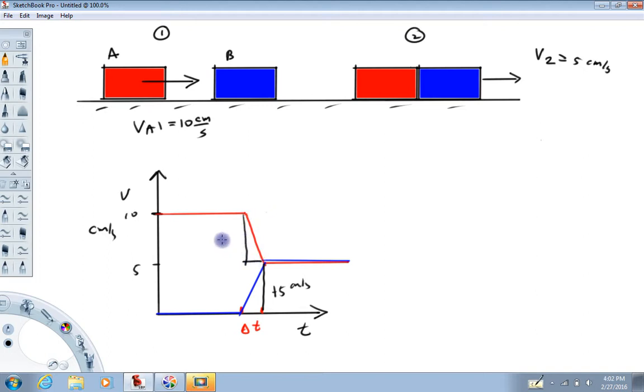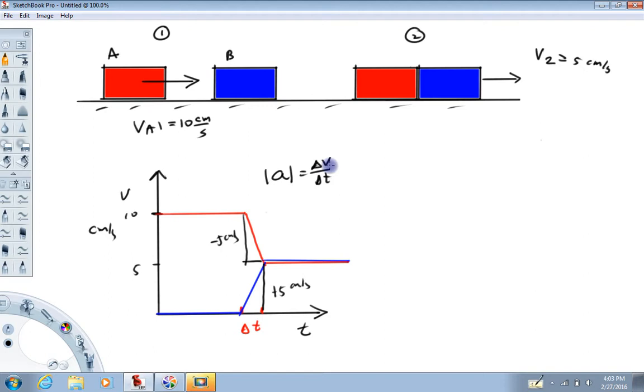Rise over run, minus 5 centimeters per second. So the blue went up 5, the red went down 5. That means the acceleration of these lines is the same, at least in magnitude. The magnitude of the acceleration is the same because acceleration is delta V over delta T. Same delta V except the minus sign.